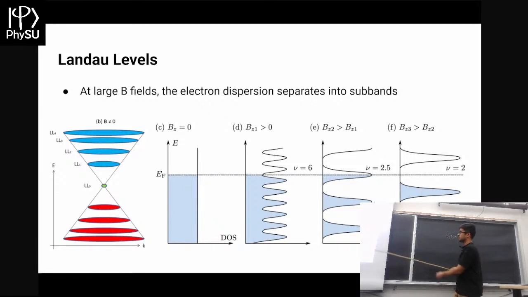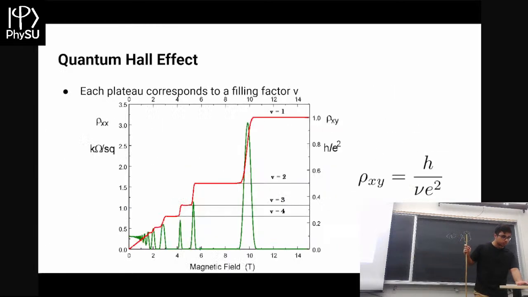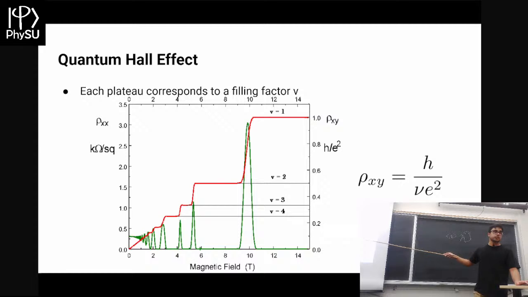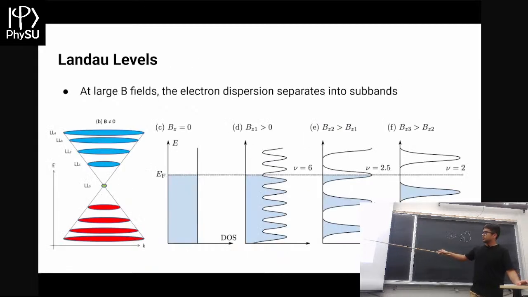Each of these contributes to the total conductivity. When I said the filling factor, this is just the number of these humps that are filled. Each contributes h over e squared, and as you fill up one you get another h over e squared, and another one, and another one.